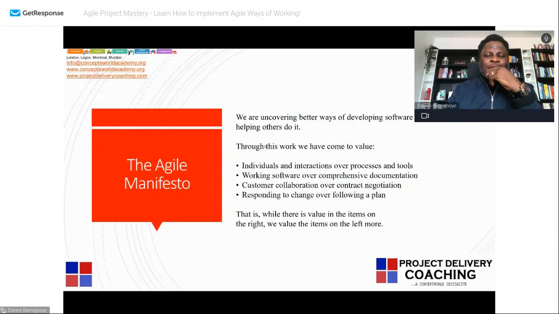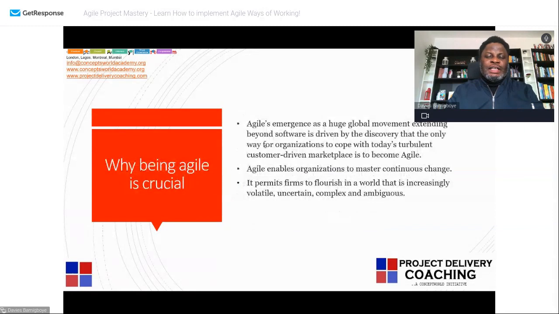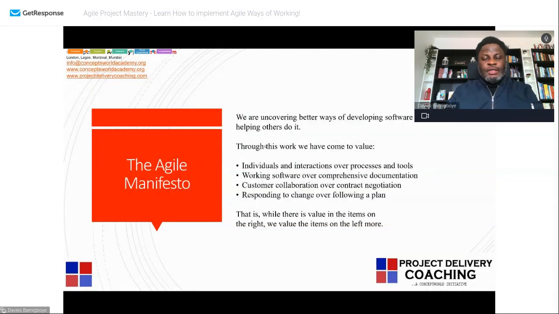So what does the Agile Manifesto say? Some smart guys that were building software many years ago said that they have uncovered better ways of developing software by doing it and helping others to do it. Now, one of the things that they learned was this: individuals and interactions are valued more than processes and tools.